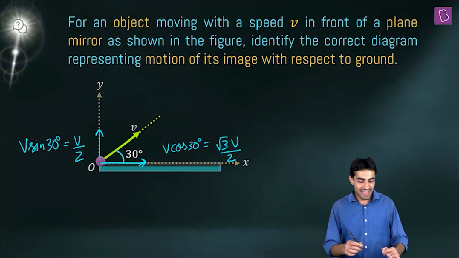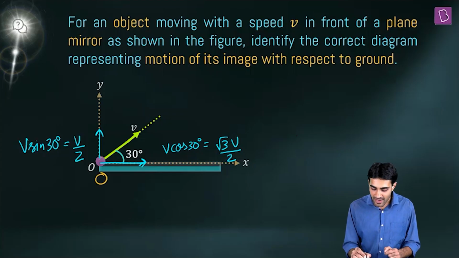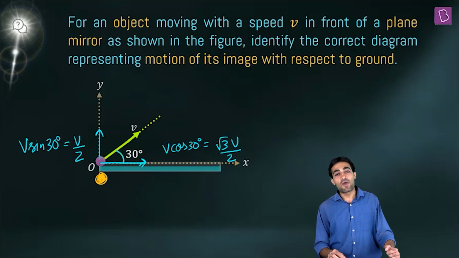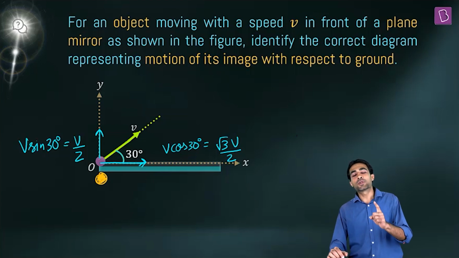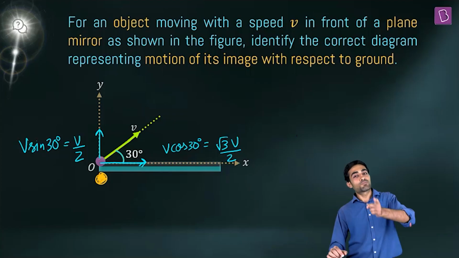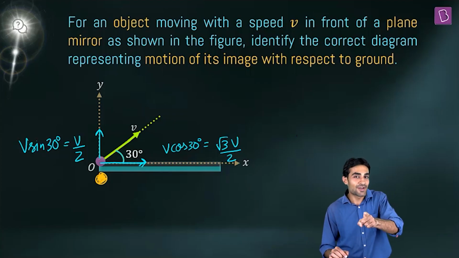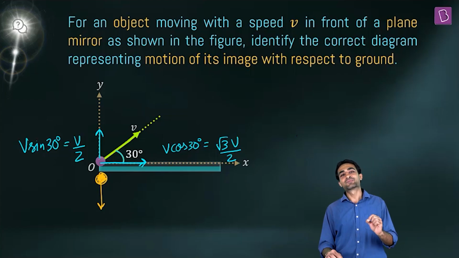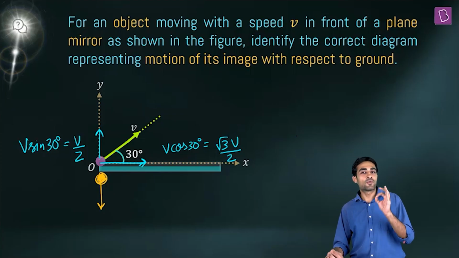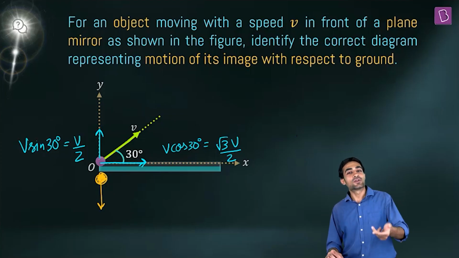Amazing. Now, our image is right over here. When we look at the component of velocity on the object which is perpendicular to the mirror, this component will get reversed when we draw it on the image. The perpendicular velocity will get reversed.